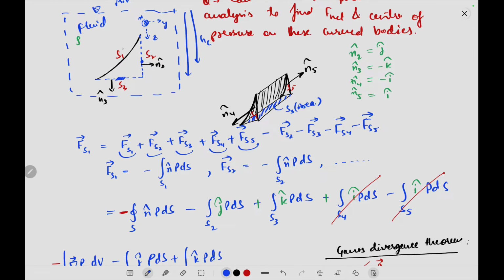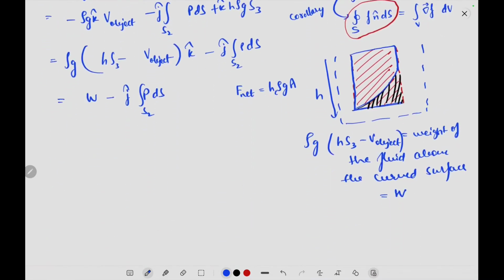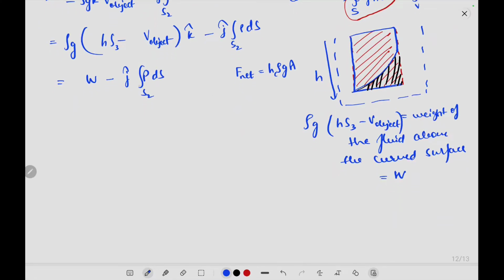Now what is S2? S2 is simply the projected area of surface S1 on this plane. And what is this plane? This is XZ plane. Okay, so this HC, let me just write it firstly. So this is equal to W minus J hat. Okay, minus would become plus, since now I am just writing the value of the force.